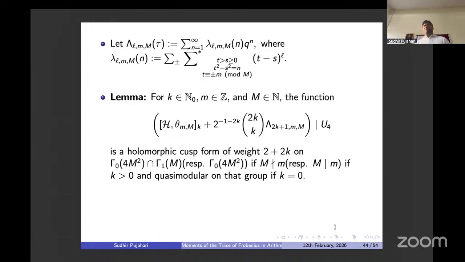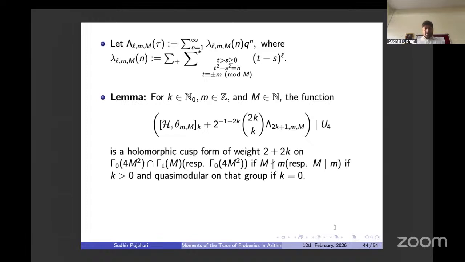As I said, most of the literature on this topic uses the Eichler-Selberg trace formula, and Zagier gave a proof of the Eichler-Selberg trace formula using harmonic Maass forms, and that was used by Mertens to prove a certain conjecture of Cohen. So somehow, in the background, we are not far from the trace formula.